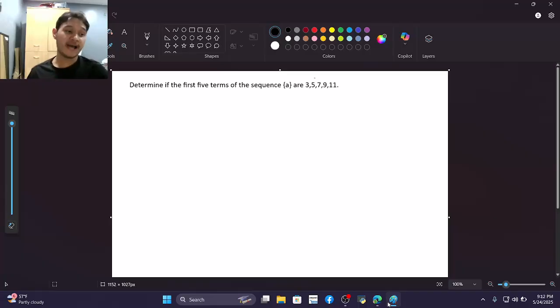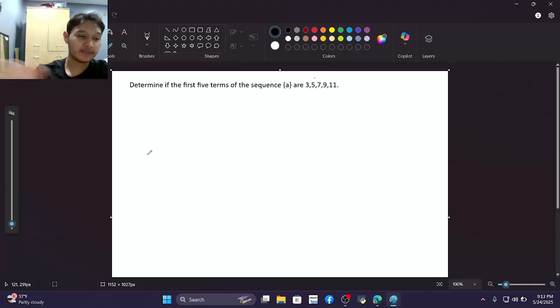They could also ask us to find the general formula of the sequence. So it will be kind of like the inverse. Okay, so we have to really pay attention to the numbers. We have 3, 5, 7, 9, and 11.